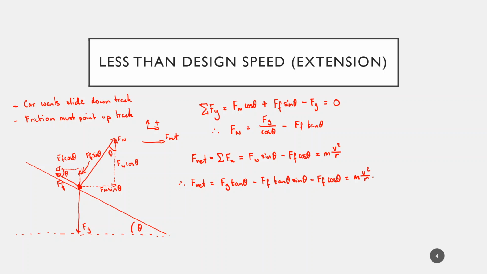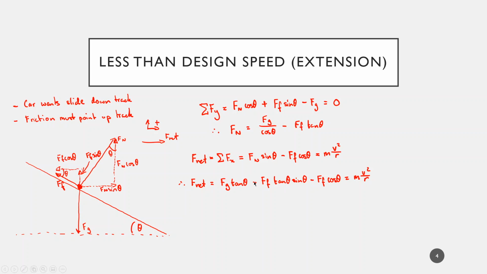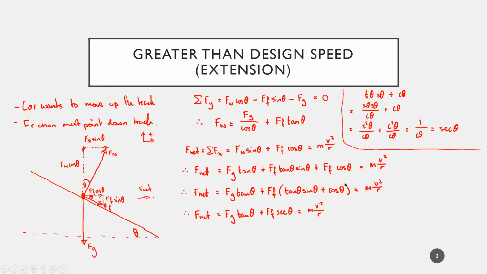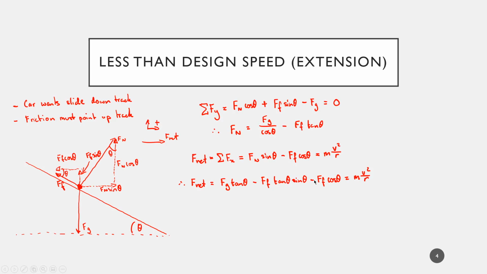And again, we can factorize. Now it's pretty much exactly the same as it was before for greater than design speed, except instead of these minus signs that you see there and there, before they were plus signs. So really the only thing that's going to change is we're going to factor out this negative friction. So it'll be Fg tan theta minus friction, and then in brackets we'll have the tan theta sine theta plus cos theta.